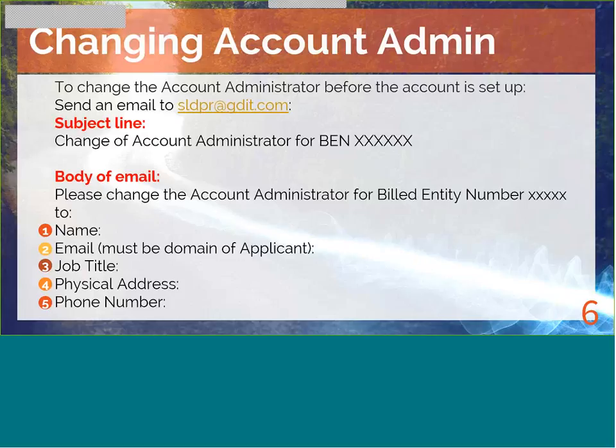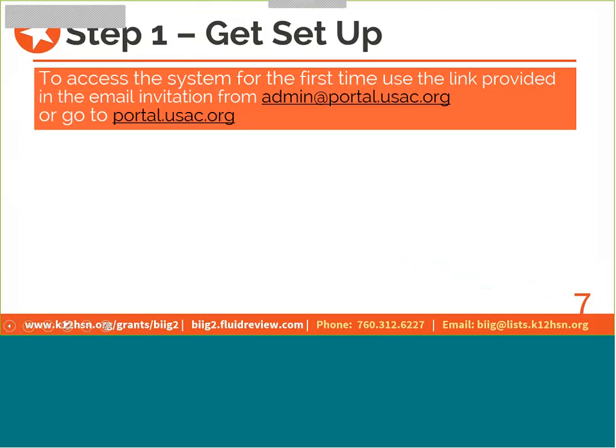Please be sure that you send this email from an email address that matches your organization's website, your domain name. Once you've done that, you can now access the system and get started in setting it up.